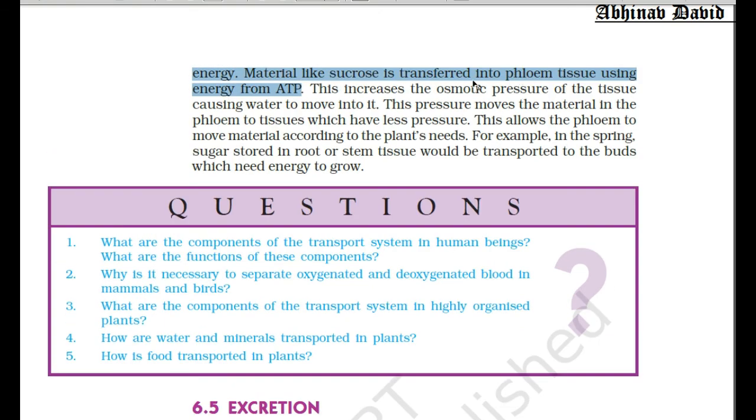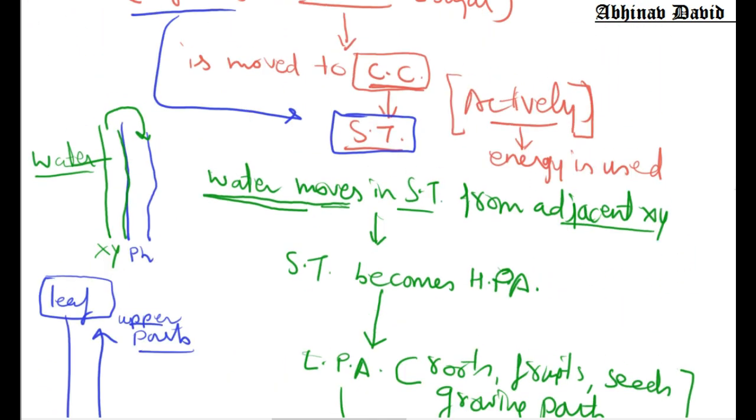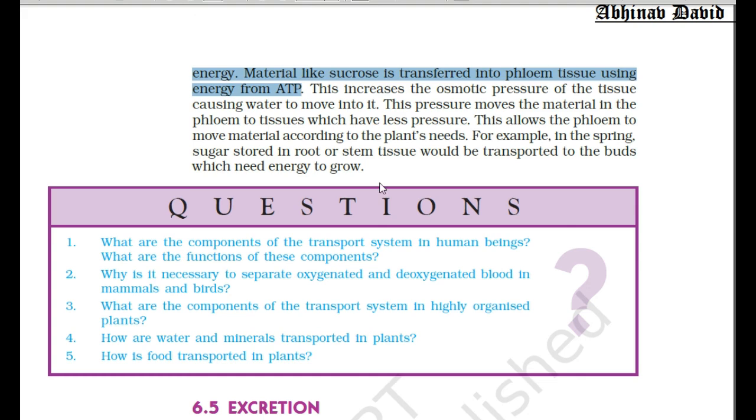So what happens when the sucrose is moved to the phloem? I told you, the water comes in the sieve tube from the adjacent xylem, and this increases the osmotic pressure. Now let us see what is given here.